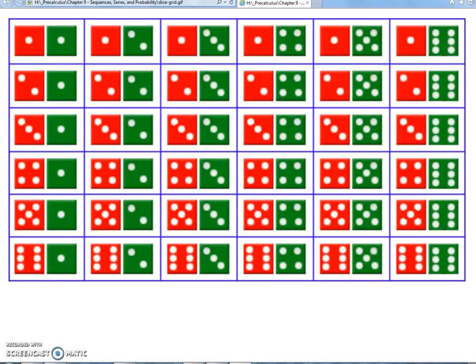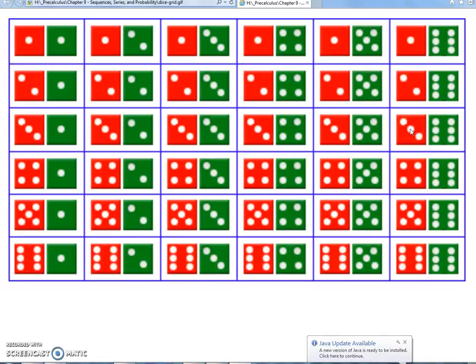Here are the 36 total outcomes of rolling 2 dice. The best way to think about it is you have 2 different colored dice. That way you can see that 4-2 is a different outcome than 2-4, or 4-3 and 3-4, 6-3 and 3-6.